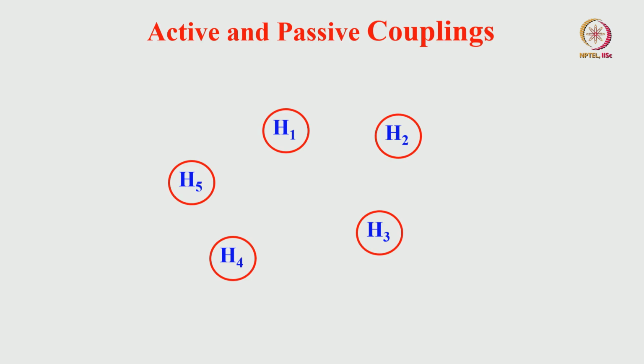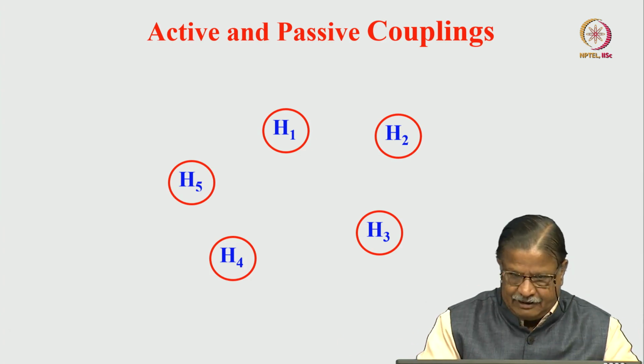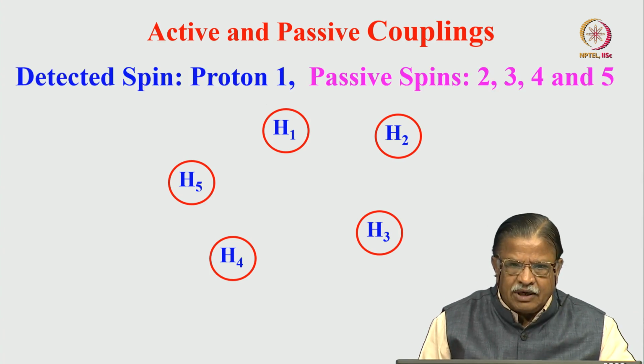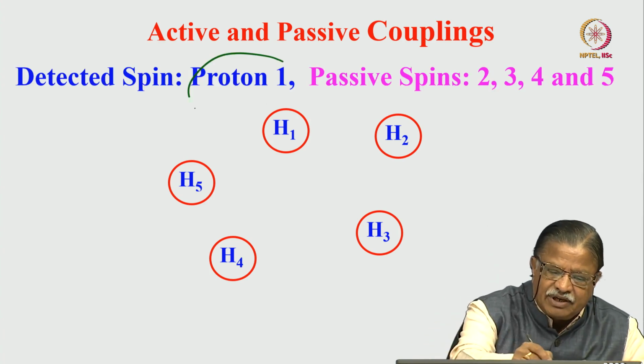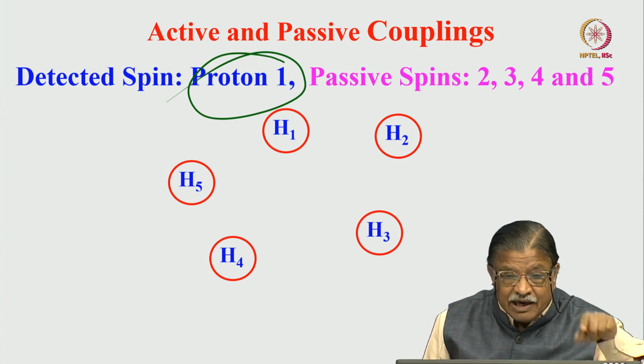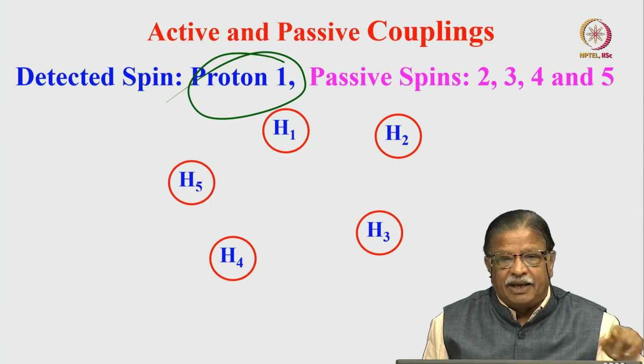Look at the protons I have written here. There are 5 different protons, all chemically inequivalent. I have numbered them 1, 2, 3, 4 and 5. I am sitting at the chemical shift of proton 1. The chemical shift of the particular proton which I am observing is called an active spin.